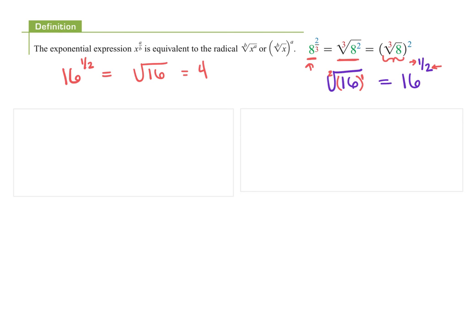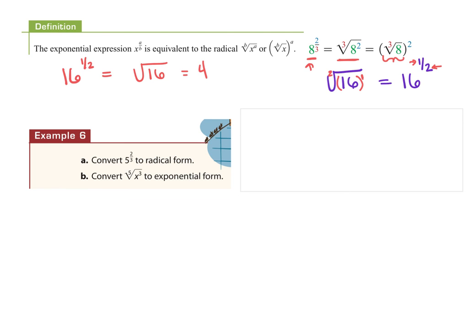So let's look at some of these. The first thing you're going to do is just rewrite them. They want me to convert 5 to the 2/3 to radical form. This is exponential form. They want me to write it as a radical. My radical symbol is there.